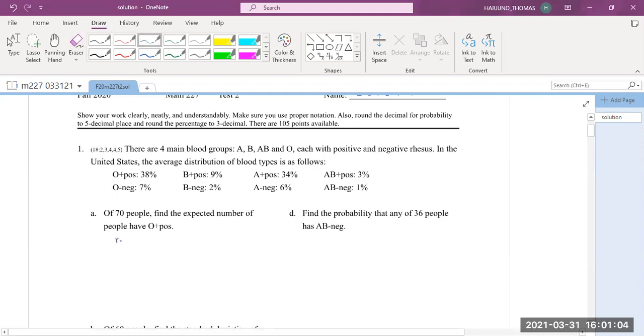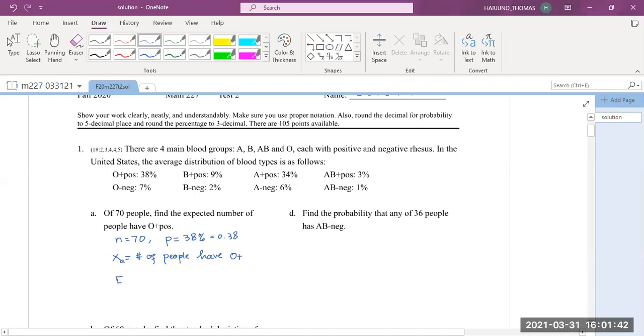So the number of people is 70, okay? And then the proportion or percentage or probability of somebody having O positive is 38%, which is 0.38. Okay, so let X, call that X_A, be the number of people with O positive.